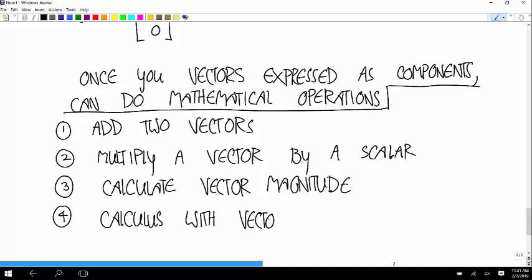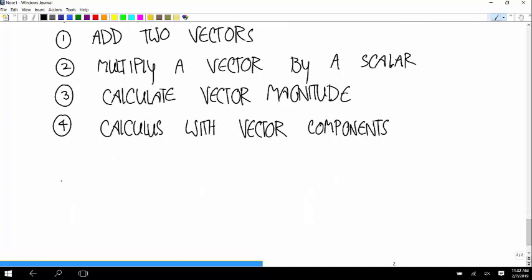So we can integrate vectors, differentiate vectors. Okay, so first, adding two vectors.